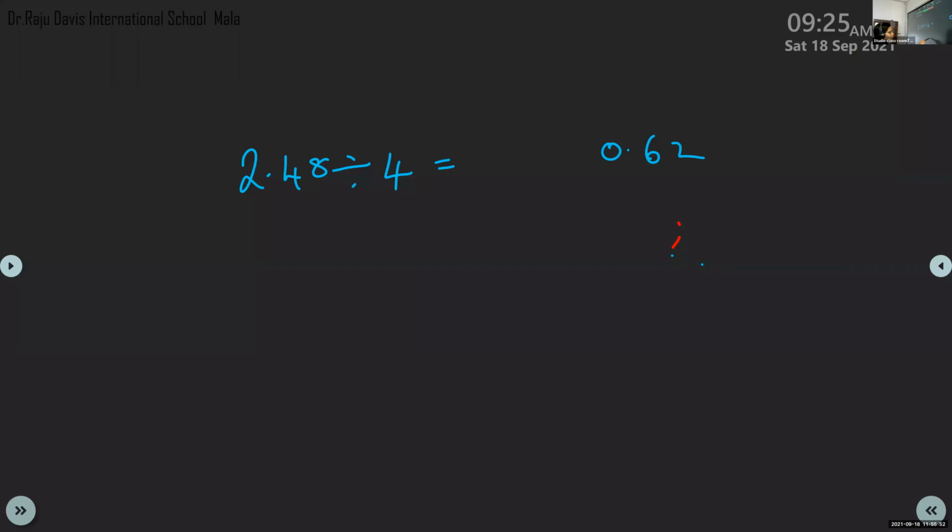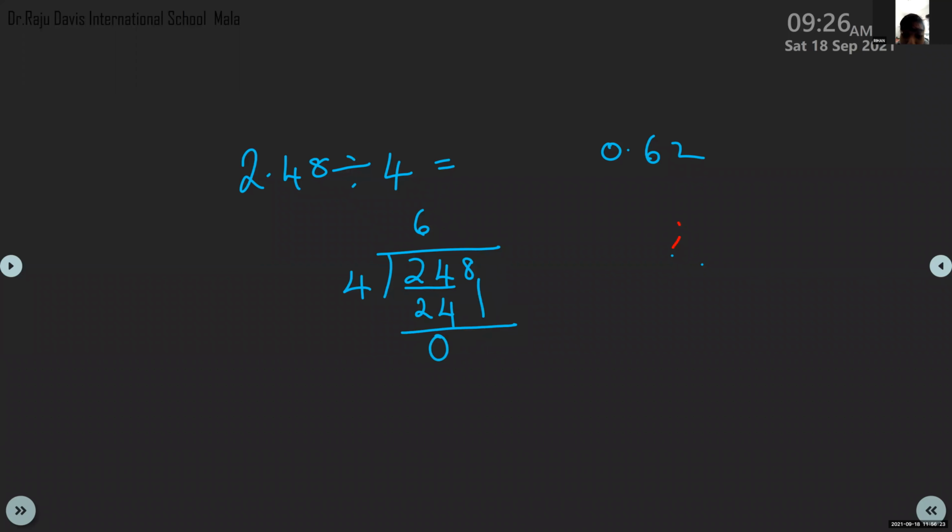Listen, 2.48, so 248 divided by 4. Simply divide as whole numbers. 4 sixes in 24. You can take the first 2 digits together without putting a 0. Actually, this 2 is not divisible by 4, but if you put a 0 it doesn't make any change, so we can avoid the 0. 4 into 6 is 24, subtract, then 8. 4, how many times in 8? 2 times.